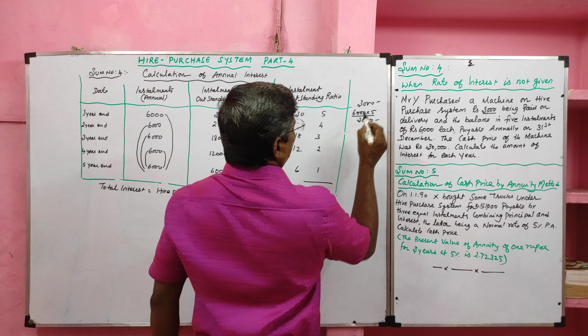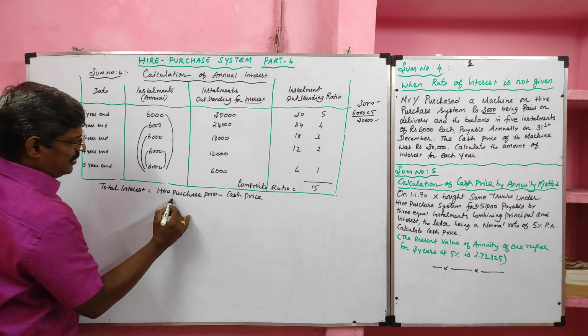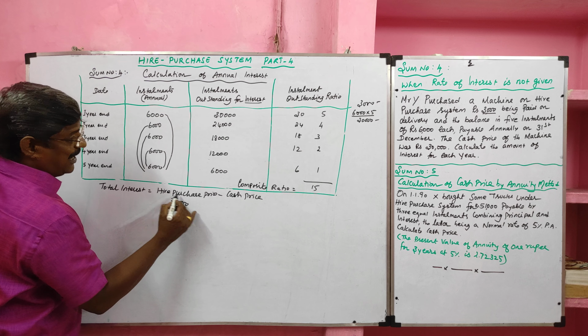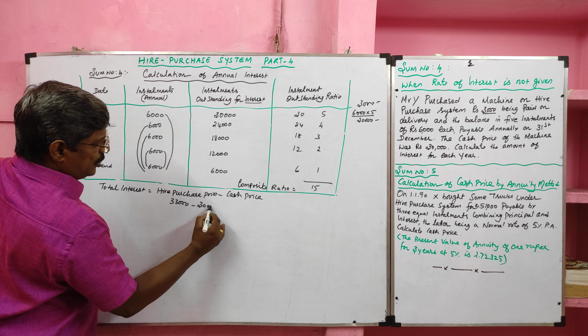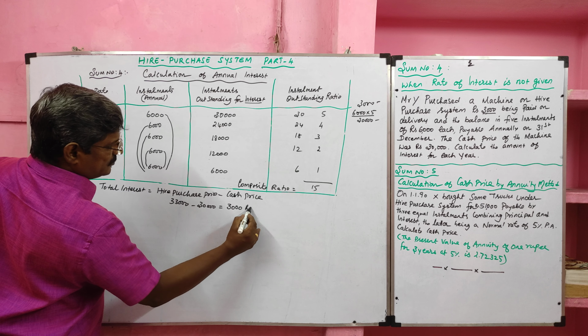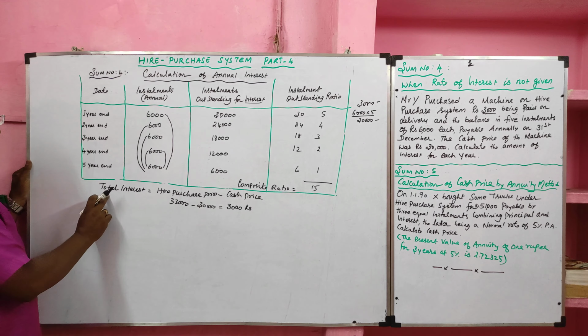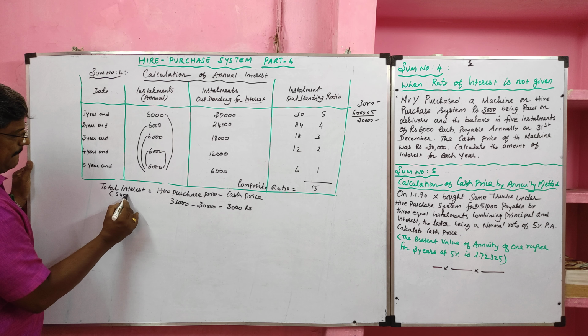So 30,000 plus 3,000, that we call 33,000, the hire purchase price. The cash price given in the question is rupees 30,000. So the total interest for the 5 years is rupees 3,000.